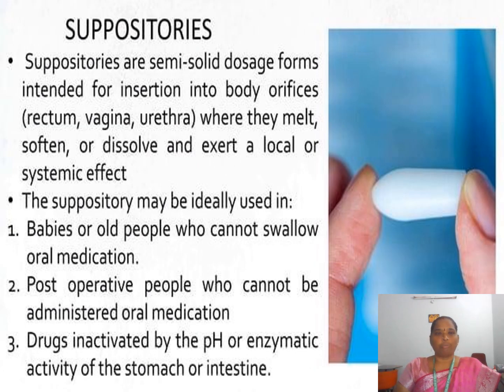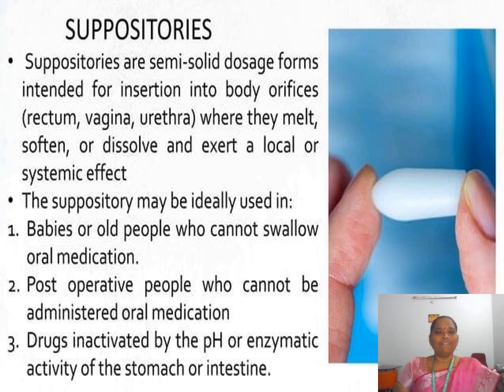And next one is suppositories. Suppositories are semi-solid dosage forms, a special type intended for insertion into body cavities or orifices like the rectum, vagina and urethra, where they melt at that particular area, soften and dissolve, and exert a local or systemic effect.